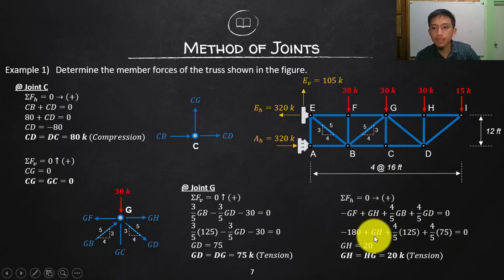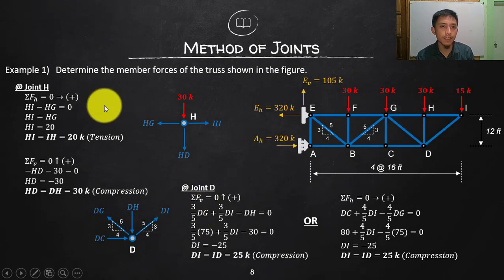And now solve your GH, which is exactly positive 20, so it means our assumption, which is tension, is correct. So tension, GH is equal to HG, 20 tension. Okay, so we are now good with joints A, E, B, F, C, G. We can now finish it within these 3 joints.